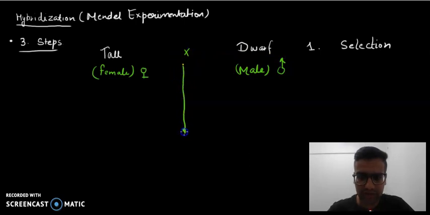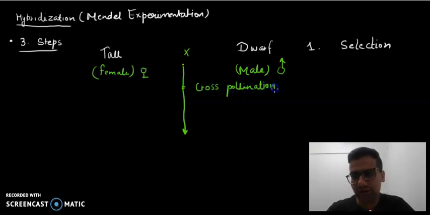By crossing these plants, he did cross pollination. This is strictly cross pollination, and to ensure strict cross pollination, he did emasculation.